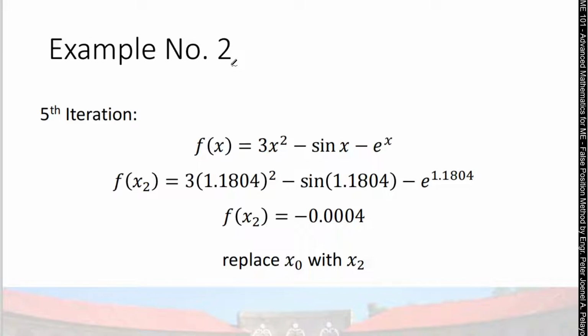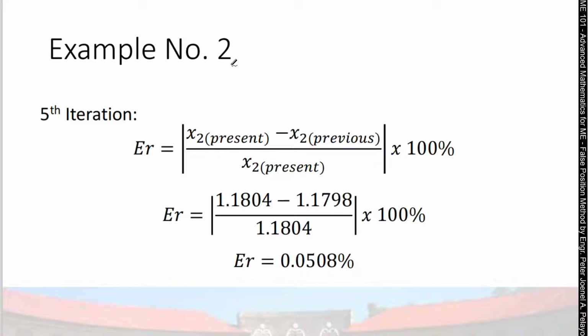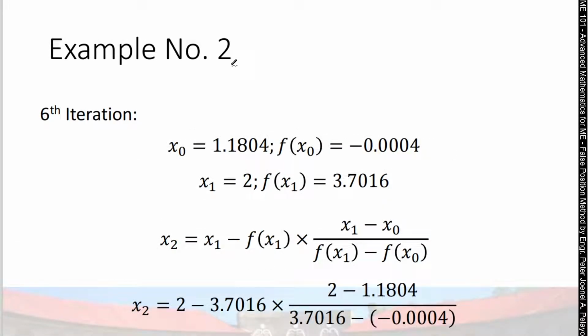Our f(x2) is negative 0.0004. So, replace x0 with x2. Then, relative error is 1.1804 minus 1.1798 over 1.1804 times 100%, so 0.0508%. So, we continue.